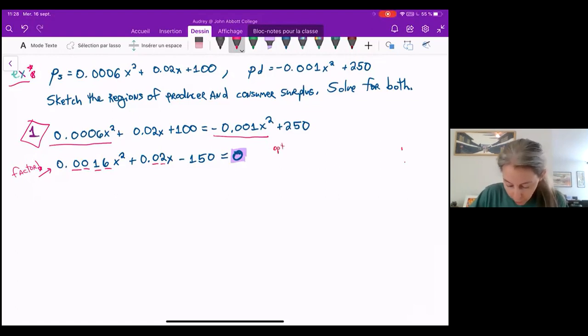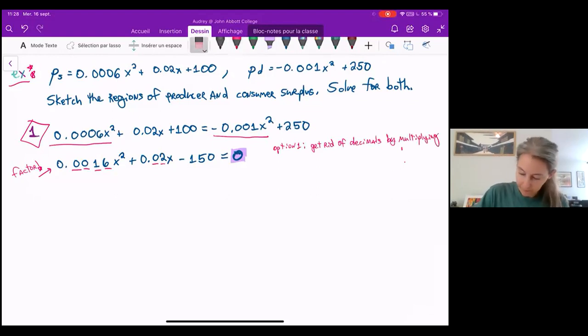So option 1, get rid of decimals by multiplying by a multiple of 10. Then factor.